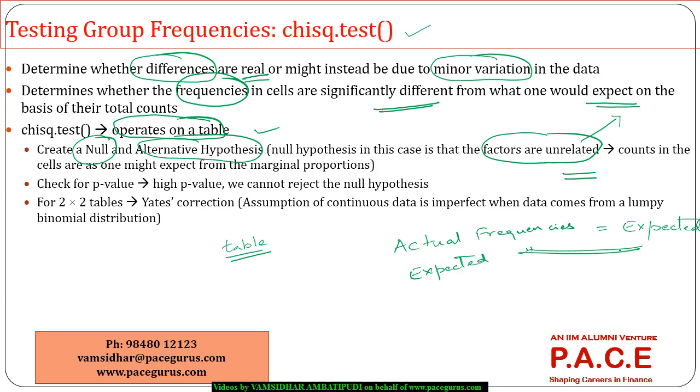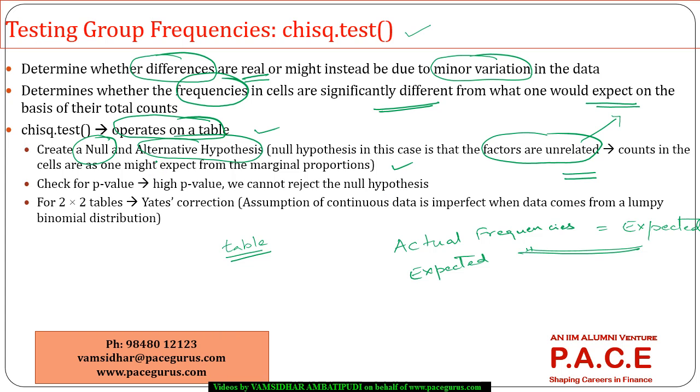In case of a chi-square test, the null hypothesis simply says there is no relationship between the factors, or putting it another way, the actual frequencies of the data will be more or less similar to the expected frequencies. Whereas the alternative hypothesis says no, that is not the case. The actual frequencies are significantly different from the expected frequencies. So that is what we are trying to test using a chi-square test.